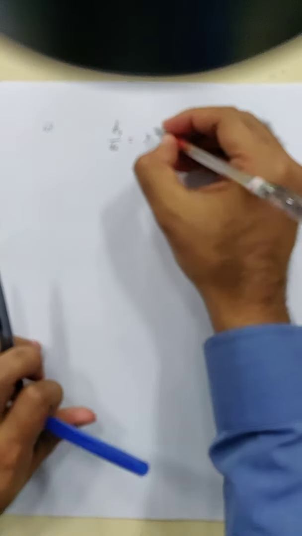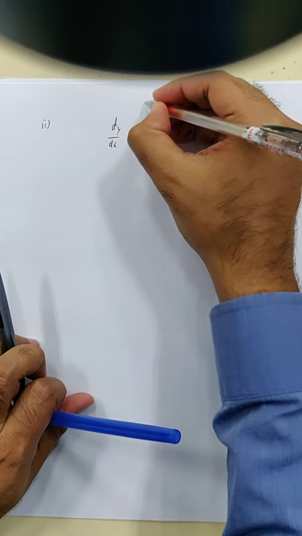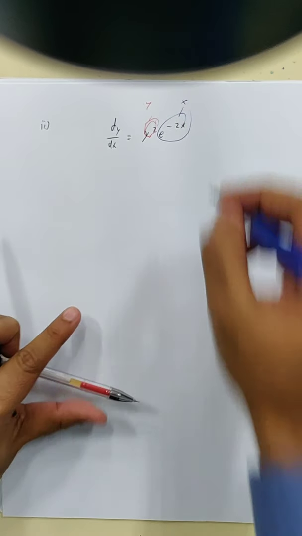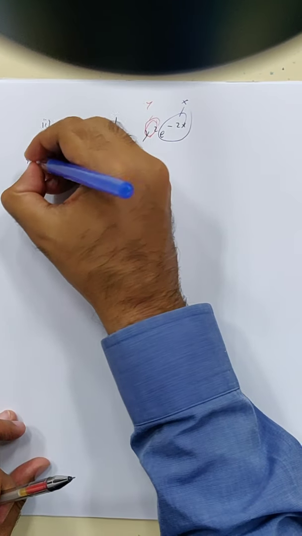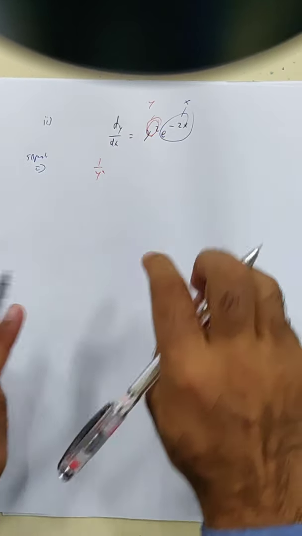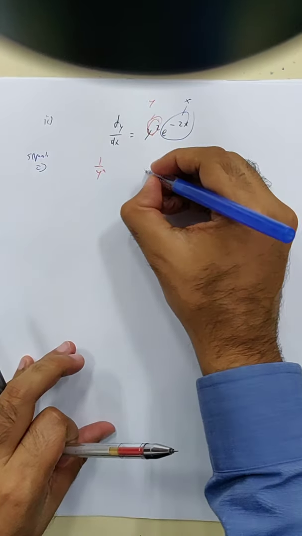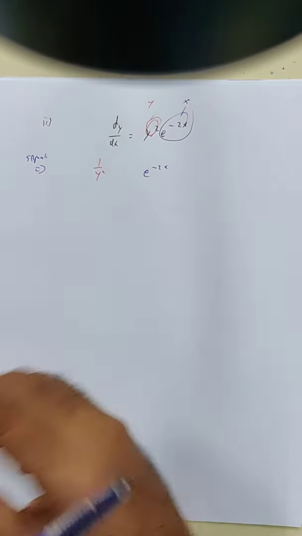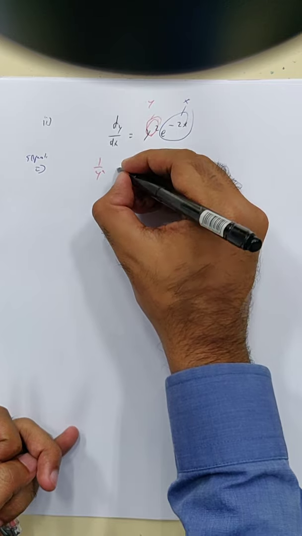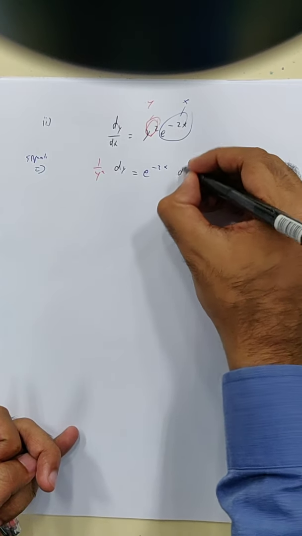Tell me. I see this is y, and I see this is x. What do I do with it? I separate them up. So I got 1 over y squared here. I got e^(-2x) there. And what should I write here? dy, and here is dx.